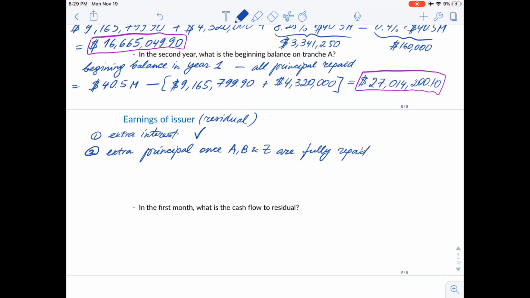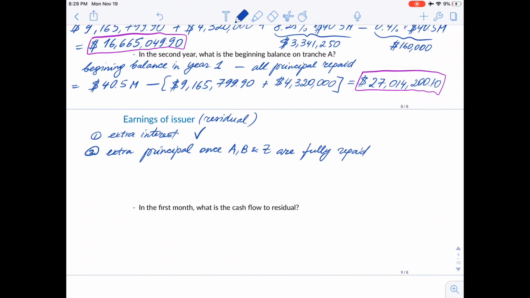Right, so here we're going to get the extra interest. So in the first month, what is the cash flow to residual? Remember that there's a servicing fee in this example. So the servicing fee will have to be paid out to the servicers.